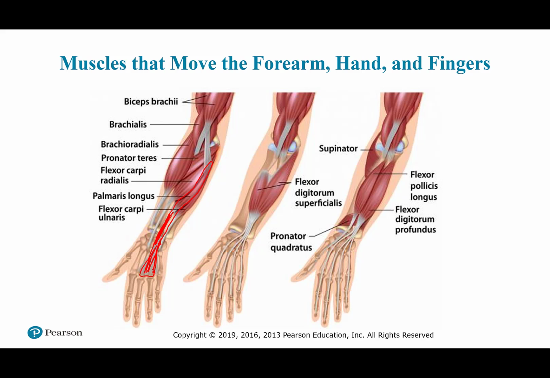To check if you have it, just do opposition: your thumb touching your pinky, and add a little pressure. You should see a tendon pop up. That tendon right there is the tendon of the palmaris longus muscle. And it's okay if you don't have it. It's totally normal.